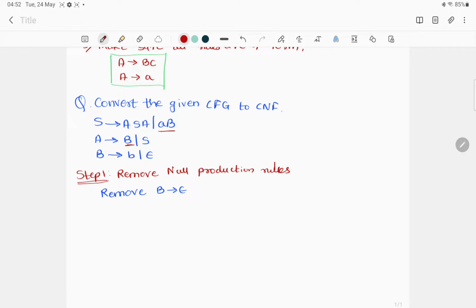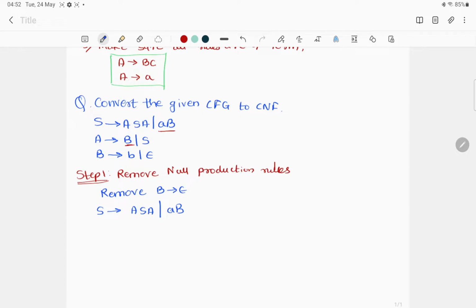Now how will I do this? We are trying to remove B giving epsilon, so I am writing the grammar again. S giving ASA will be as it is. A giving AB I'll also write as it is given.